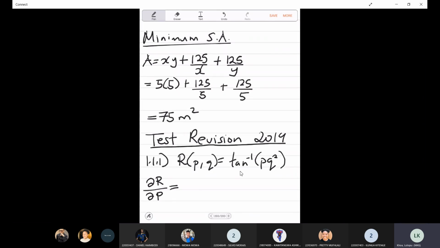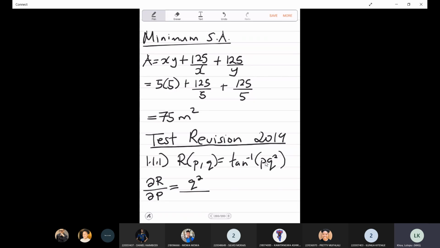Okay, so we have to use the chain rule. You start the derivative of tan inverse is a fraction. In the numerator, you have the derivative of the inside. So remember, when we're differentiating with respect to p, then it means that q is a constant. So in the numerator, the derivative is q squared.